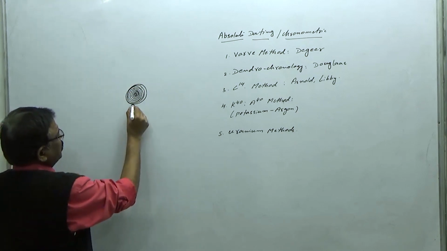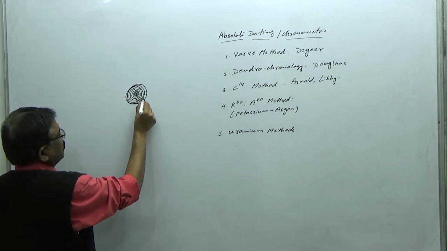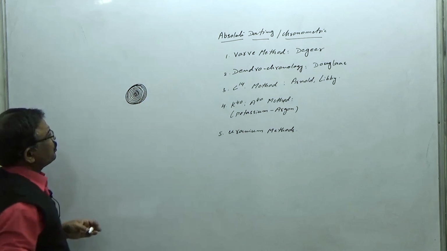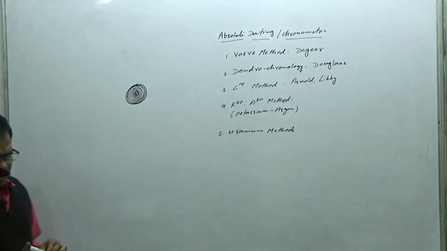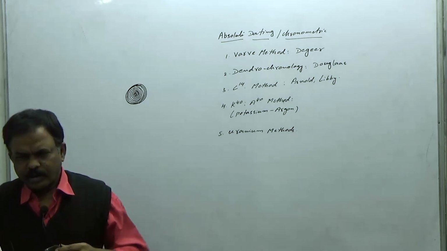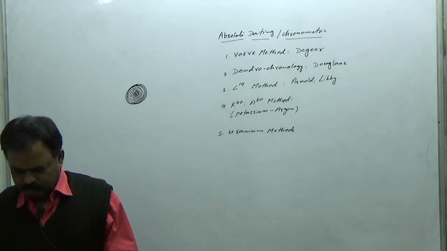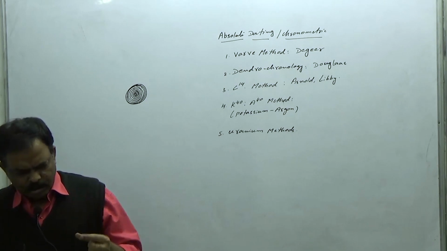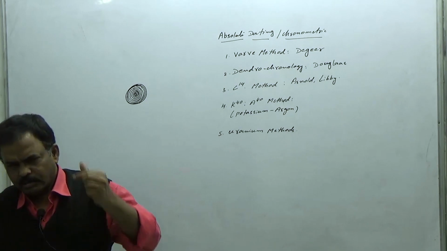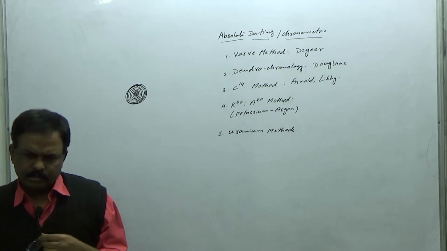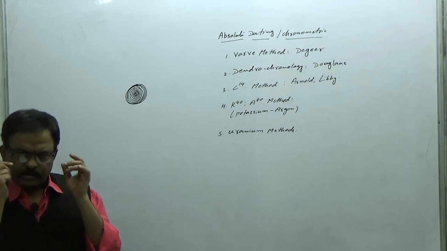These lines are known as annular rings. Annum means year. That means a plant produces one ring per year. That's why they are known as annular rings.